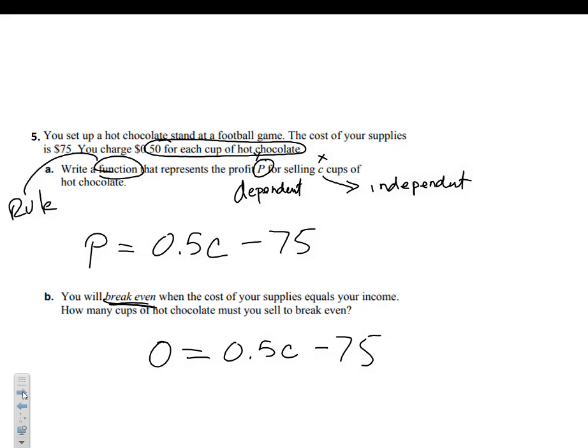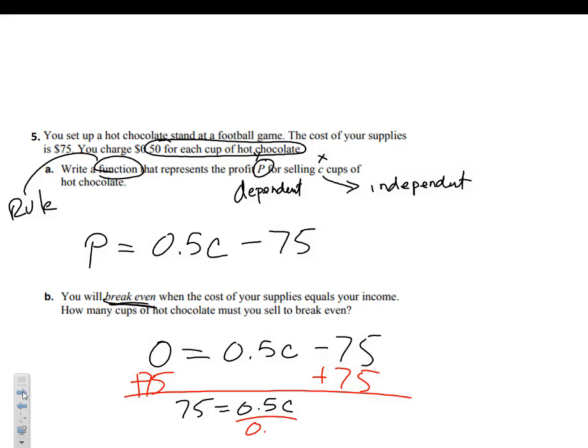So you're probably wondering, well, why did I put 0 then? Because our profit will be 0 when the amount of cocoa we sell is equal to the supplies that we purchased. So now we solve this like we solve any equation we've ever done before. We add 75 to both sides to isolate the variable, and we get that 75 is equal to 0.5 times the number of cups we have to sell.